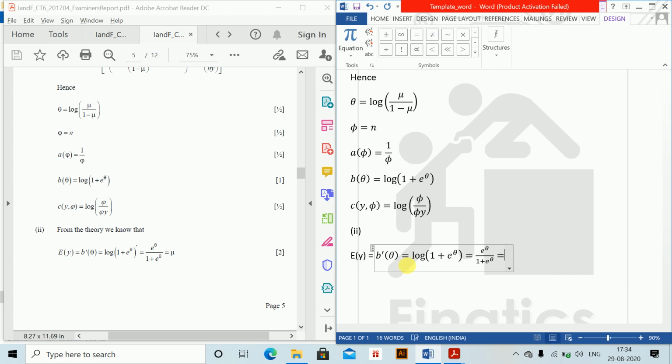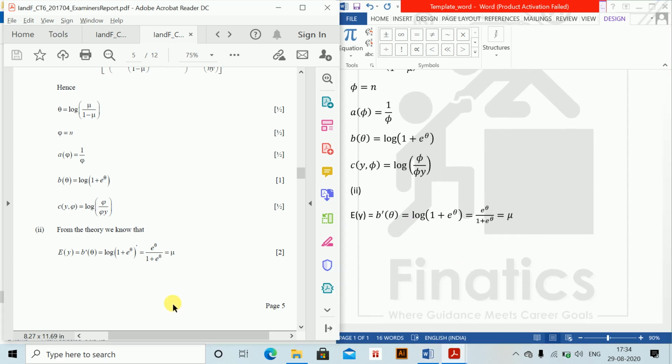You can copy e to the power theta every time, no need to write it. I am just writing. So this gives you mu.